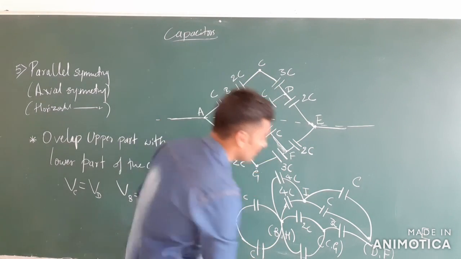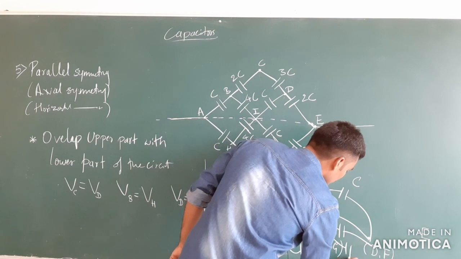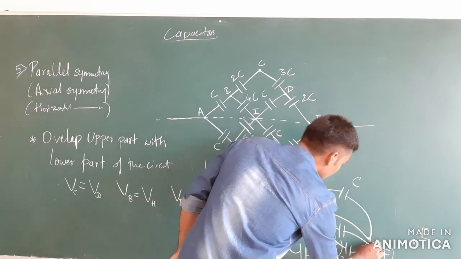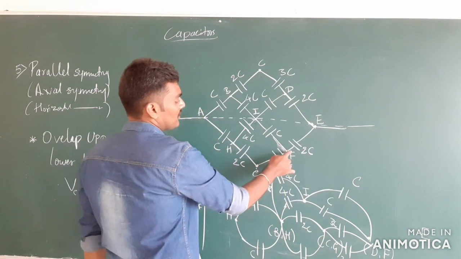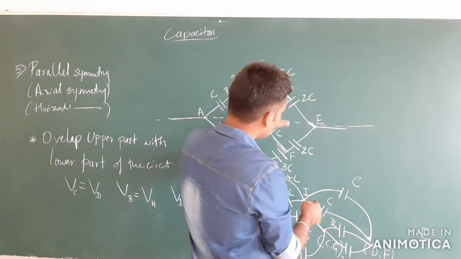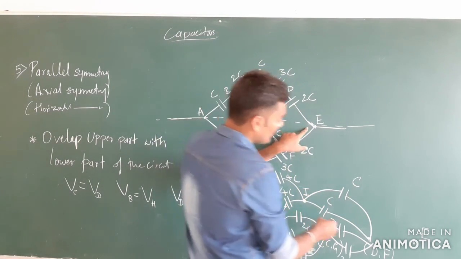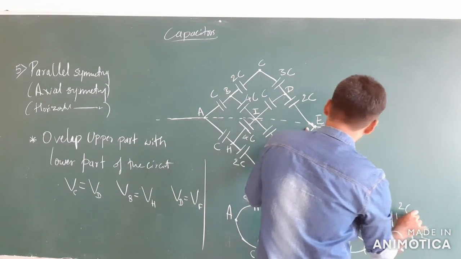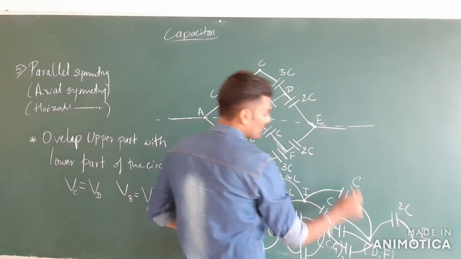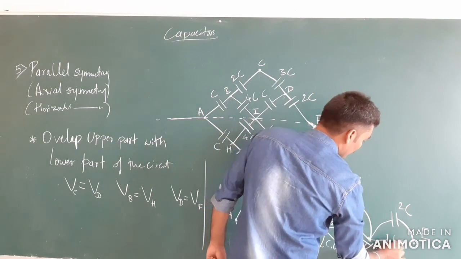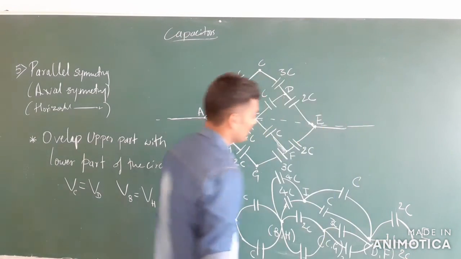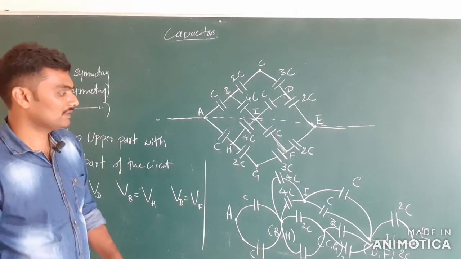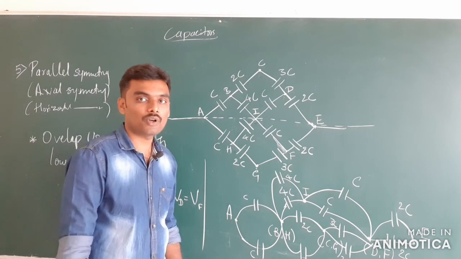From G to F, another capacitor of 3C, right? Now D and F are common points. From D to E, I have a capacitor of capacitance 2C. And from F to E, one more capacitor of capacitance 2C. That's it. So I have put all the capacitors.